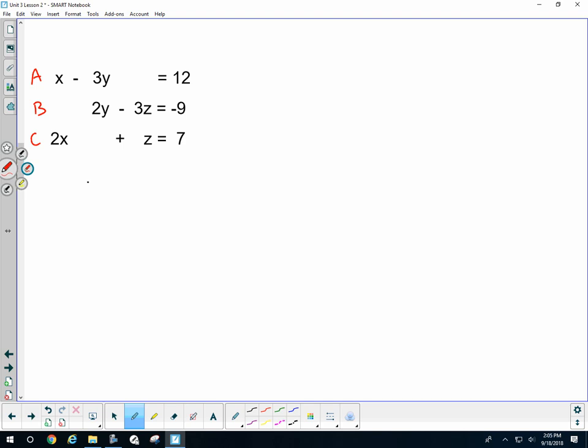X or Z. Yeah, so which variable, Mr. Berneberg, is easier to solve for in equation A? X. All right, so maybe that's our first instinct. Did anybody else have that instinct to solve that equation for x? Yeah. So I'm going to manipulate this to be x equals 3y plus 12.